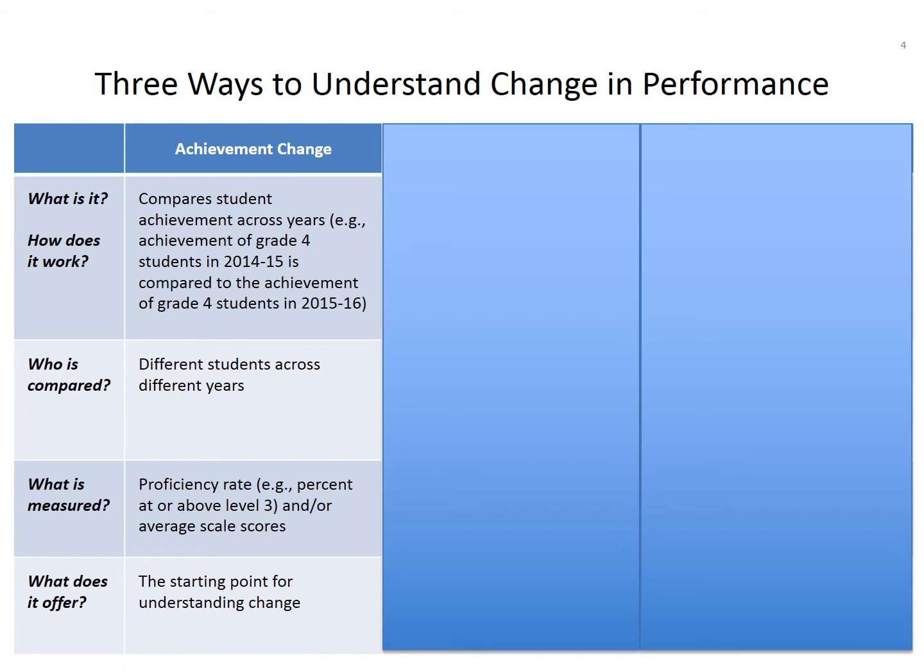Let's look at 3 ways to understand change in performance. The first, achievement change, simply compares student achievement for the same grade across years. For example, a superintendent may say that the proficiency rate of students in grade 4 in our district has increased from 50% in one year to 53% in the next year, an improvement of 3 percentage points.